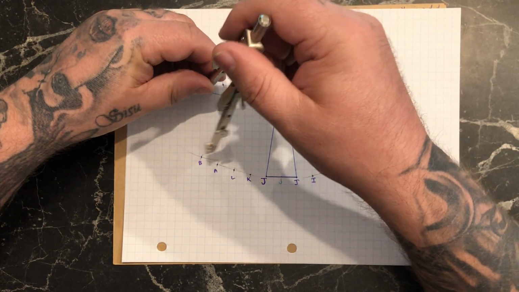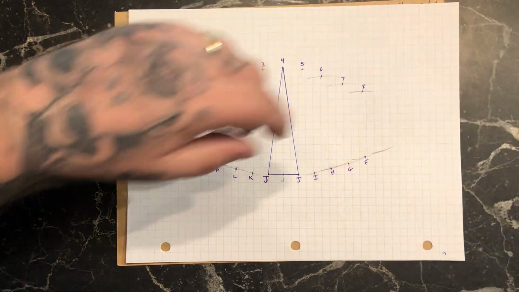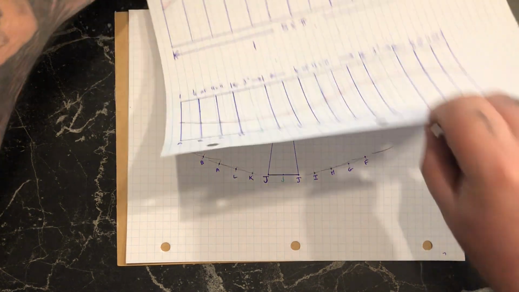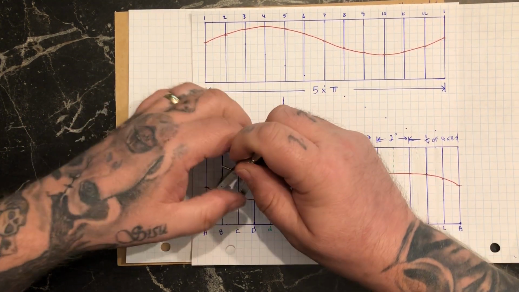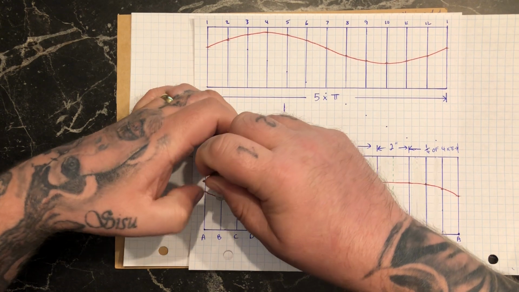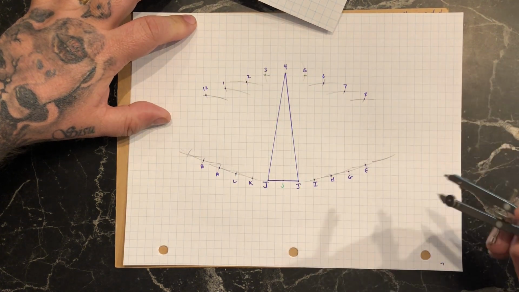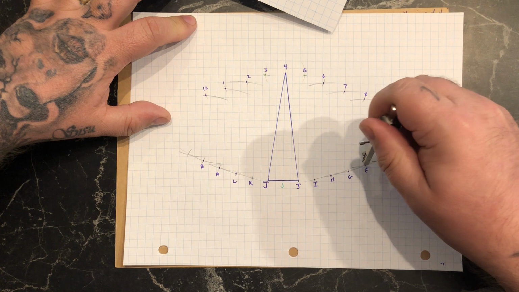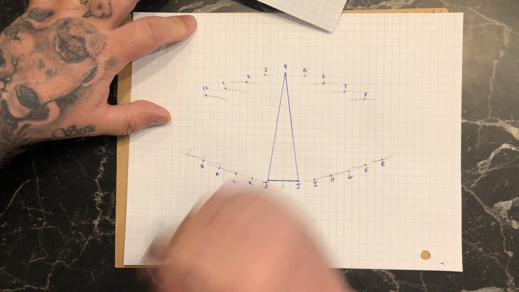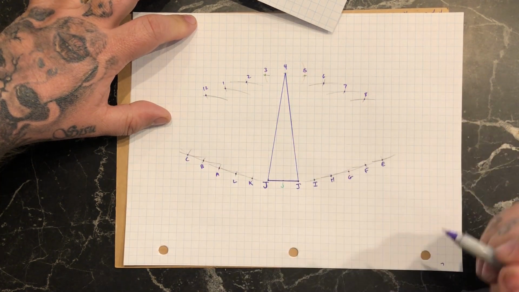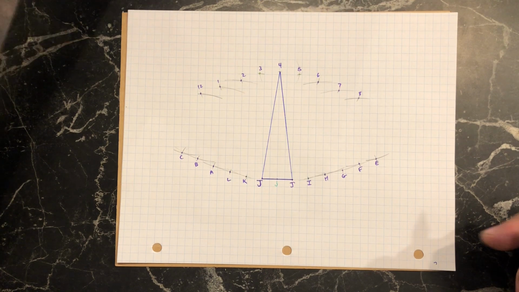So 12 down to C. And B to C. We're getting close now.